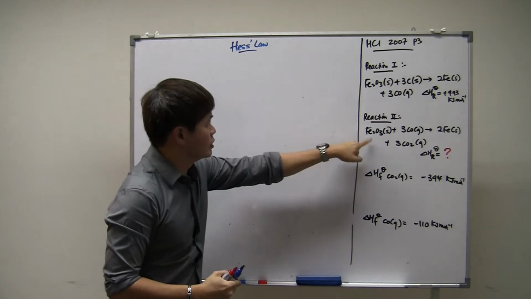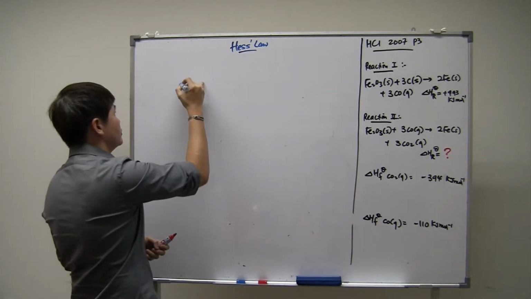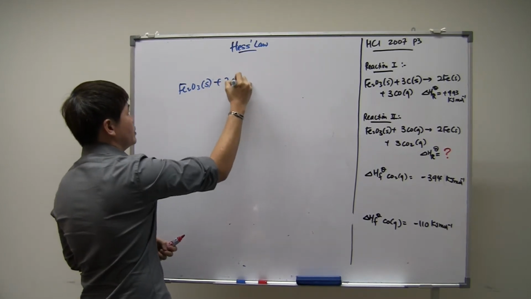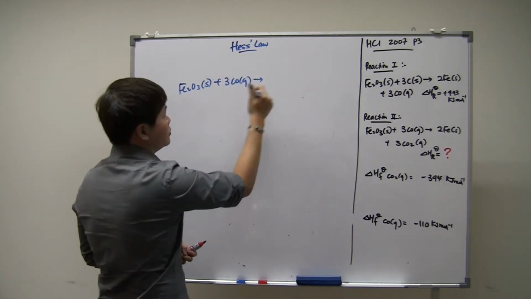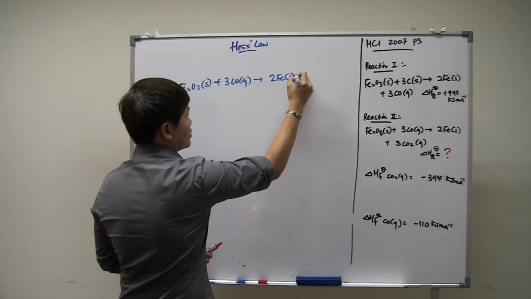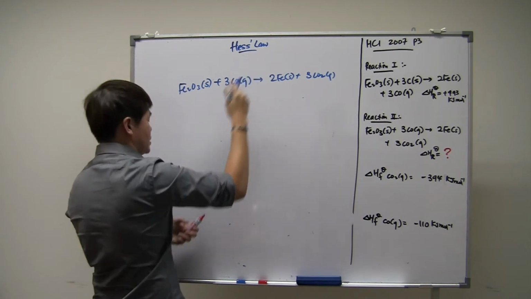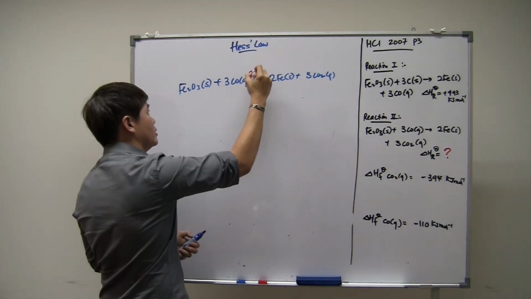Again, we're going to use the unknown equation as the principal equation. I'm going to show you a bit of how you do it. This is the unknown. Okay, and this is the enthalpy change of reaction that we're supposed to find.